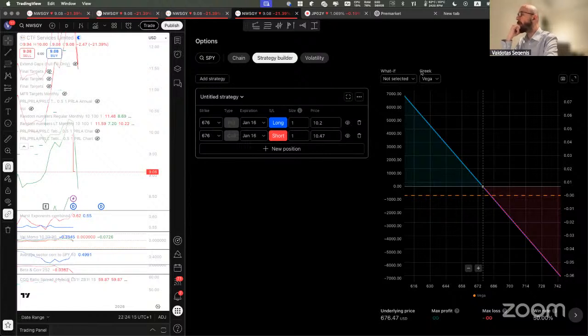So these were the most simple examples of a payoff of being long or short a stock, and how to create the exact same thing using options.